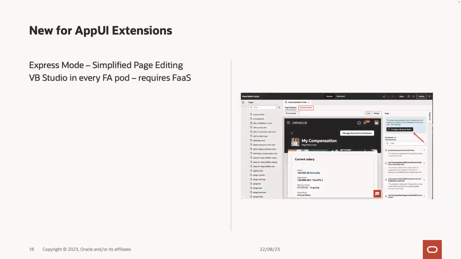As you know, Visual Builder Studio is also the environment that is being used to extend Oracle Fusion apps. So two new features are going to be there in the next release in 23.10. One is something called Express Mode.